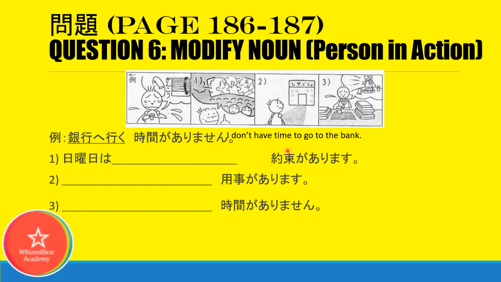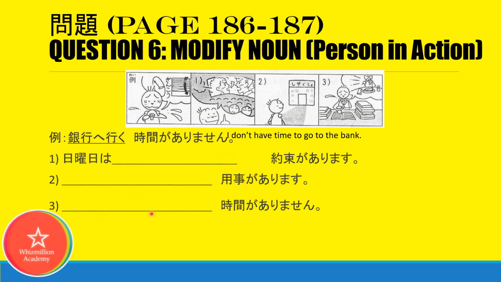What kind of appointment do I have? Since the picture here is watching a movie with a friend, you're supposed to say that the appointment is something to do with watching a movie with a friend, right? Question number 2, 用事があります. There's something that I need to do. What do I need to do here?